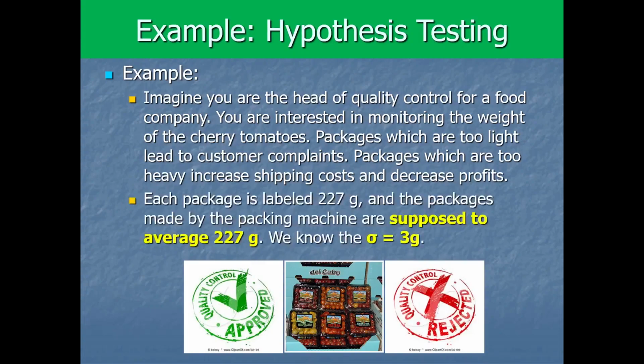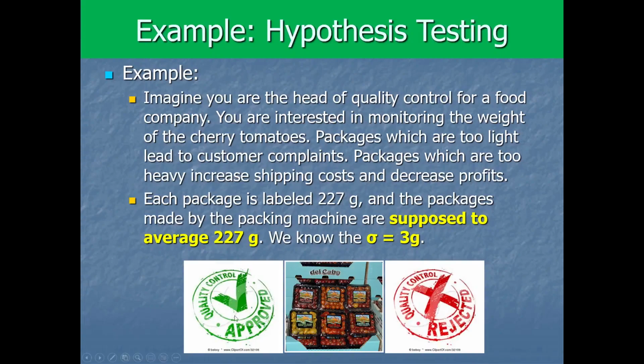So what we've got here, let's say each package is labeled 227 grams. That's the promise. That's how much we want in those packages on average. And let's say the packages made by this packing machine, we know they're supposed to average 227, and we know the standard deviation of that whole population of packages is 3 grams.